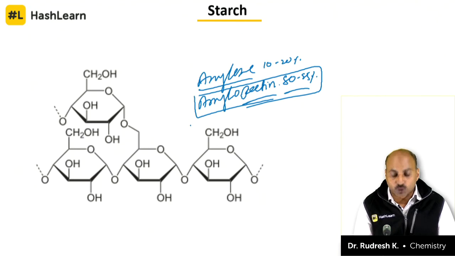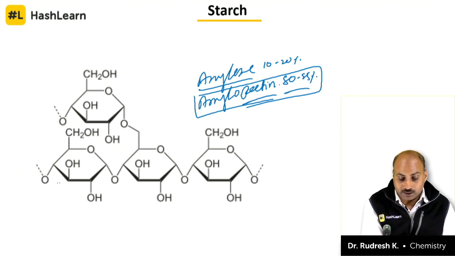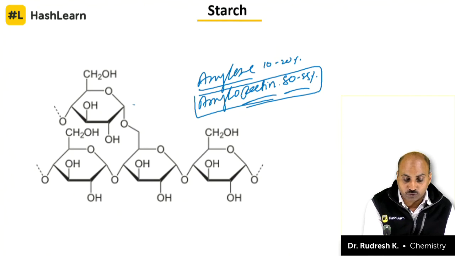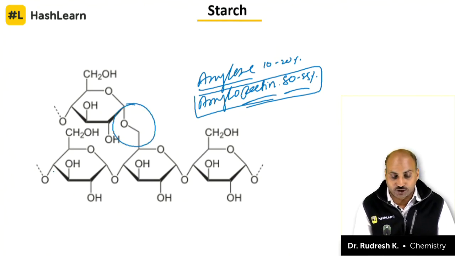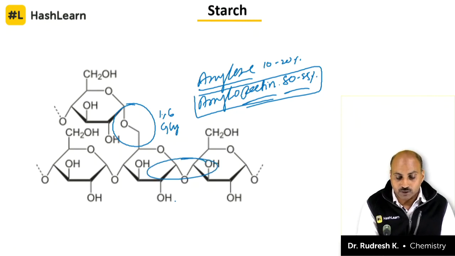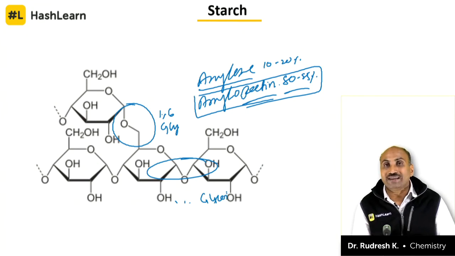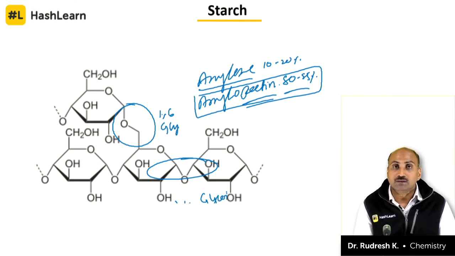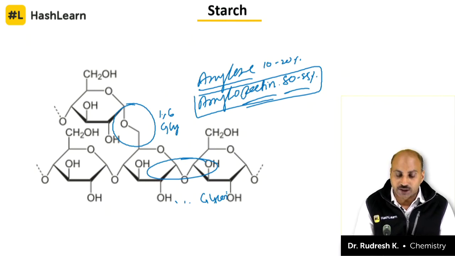And hence you can find two types of linkages here. One is the linear chain linkage and the other is the branched chain linkage. In the branched chain you can find a 1,6 glycosidic linkage, and in the linear chain you can find a 1,4 glycosidic linkage.